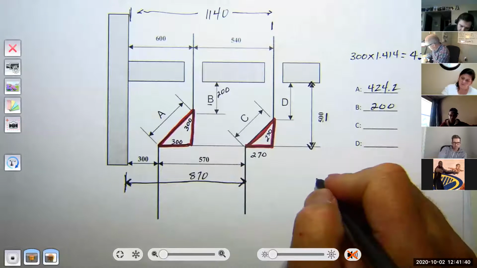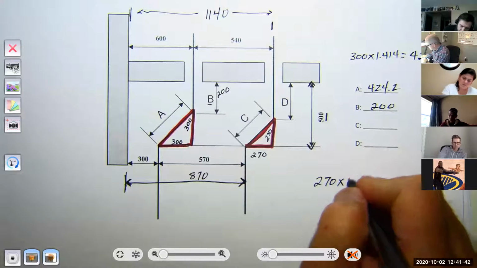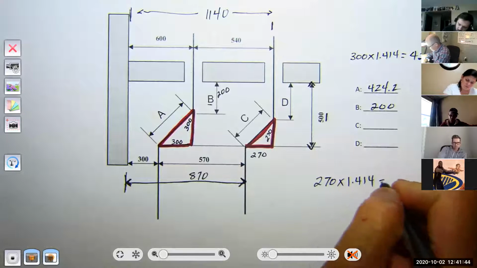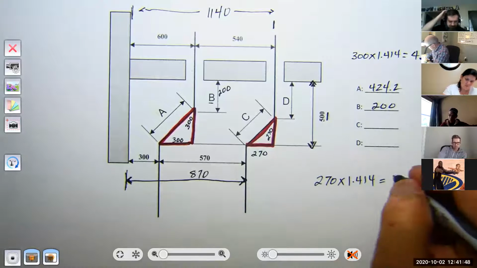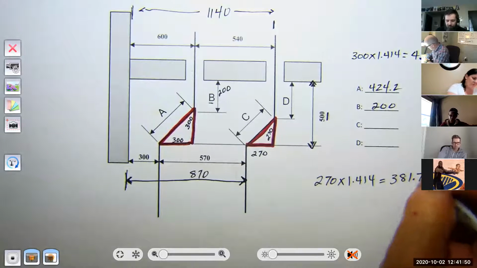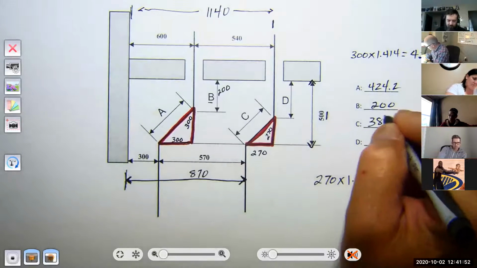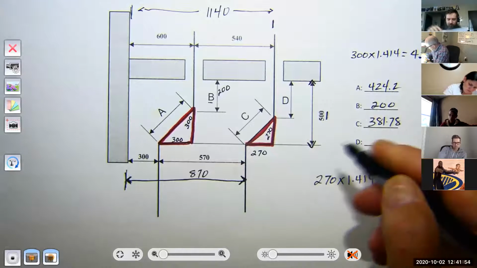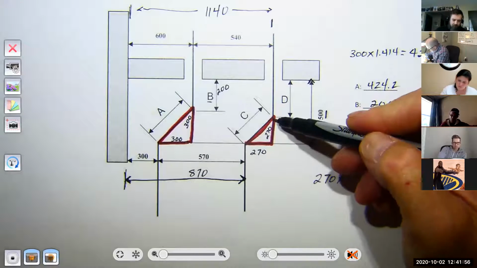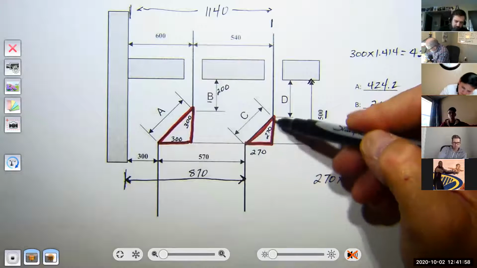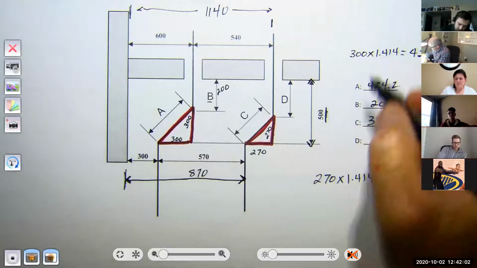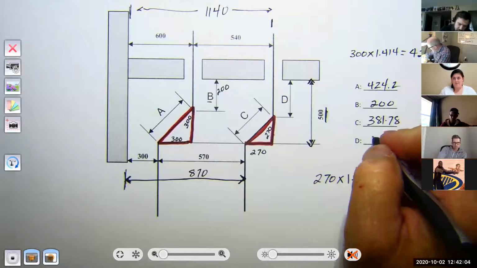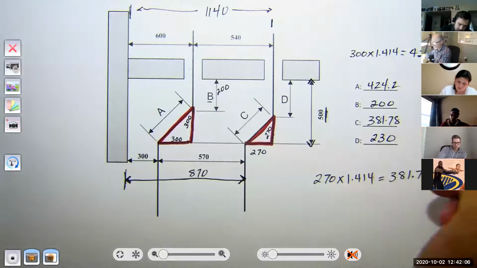So C is 270 times 1.414, which is 381.78. And if this is 270 right there, and this is 500, then D has to be 230.